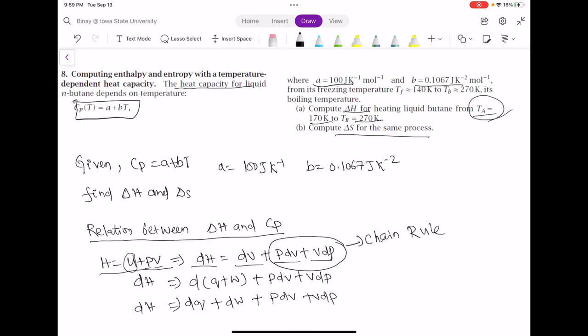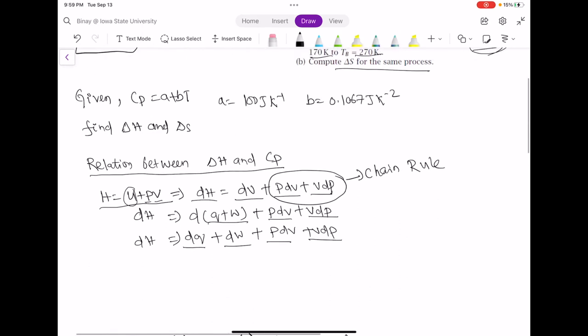Now dU will be dq plus dw, this is the first law of thermodynamics, so dH equals dq plus dw plus PdV plus VdP. I can rewrite it since dw is always minus PdV, so dH equals dq minus PdV plus PdV plus VdP.